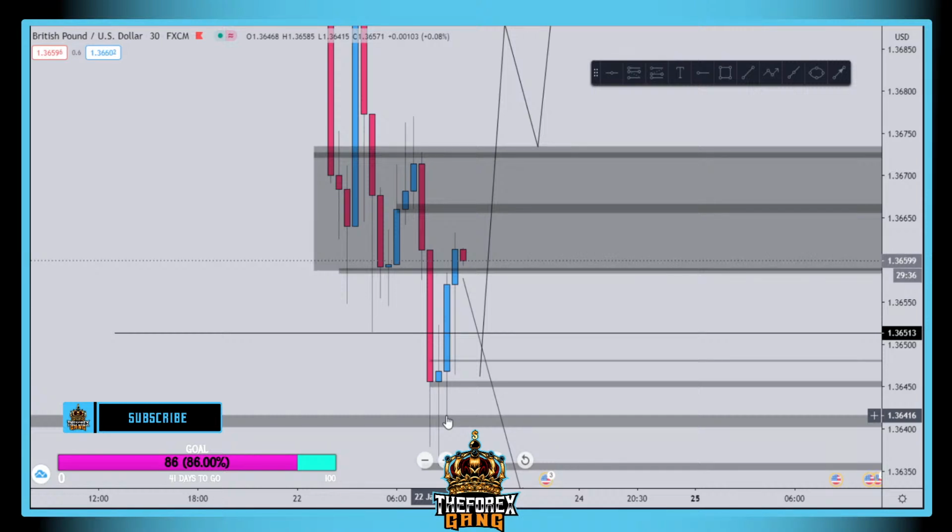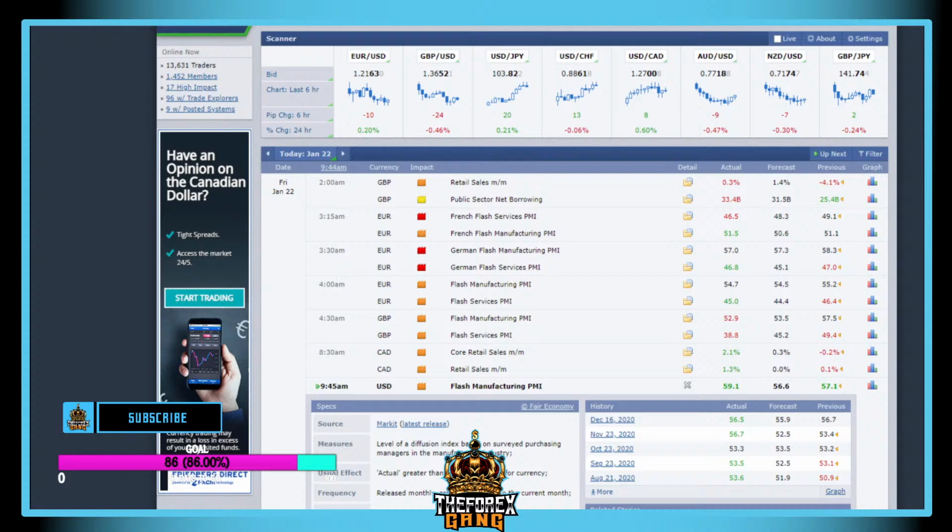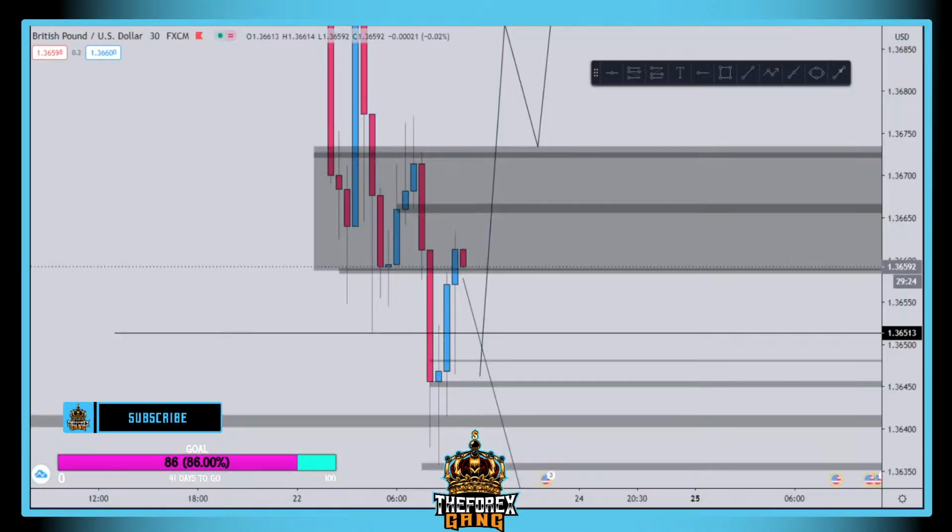I don't think it's going to come down to 36.50, the way it's moving. But the news that we have for the US dollar should take effect soon, but we don't know when. They usually do it like this.